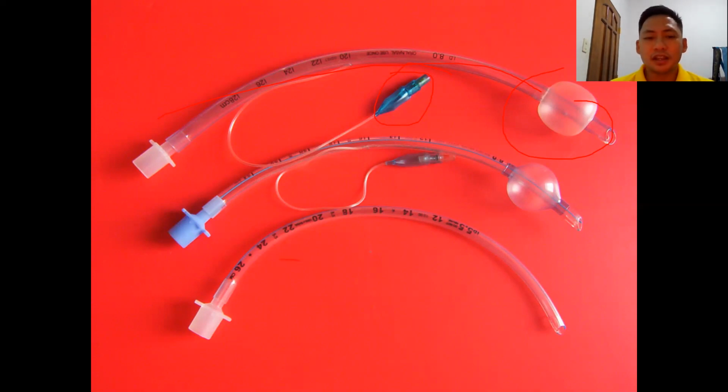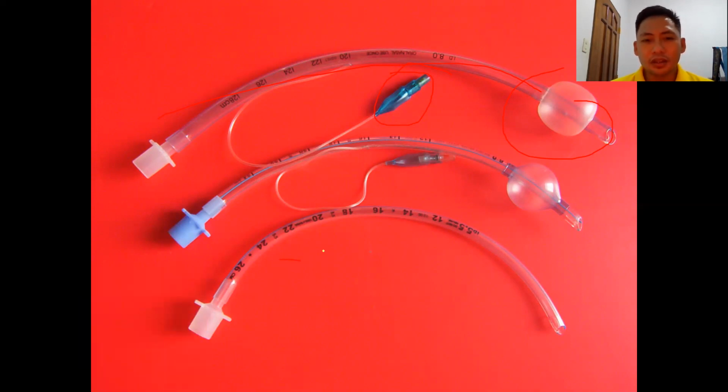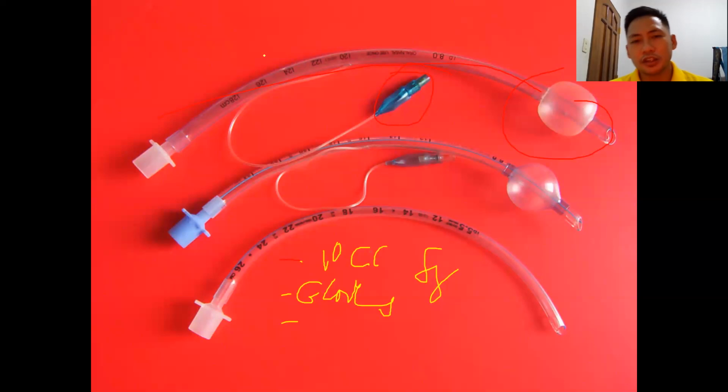First, prepare a 10 cc syringe. Then also prepare gloves for you and for the doctor, because you will be assisting. What else? The laryngoscope. What else? Guide wire. Don't forget.